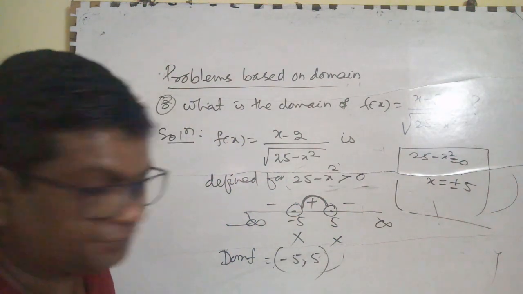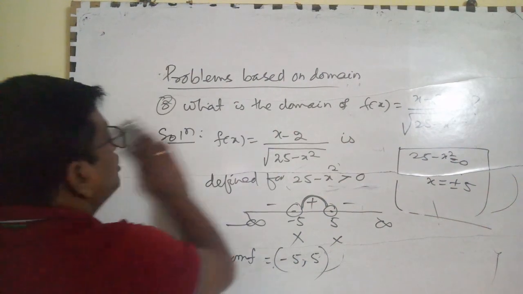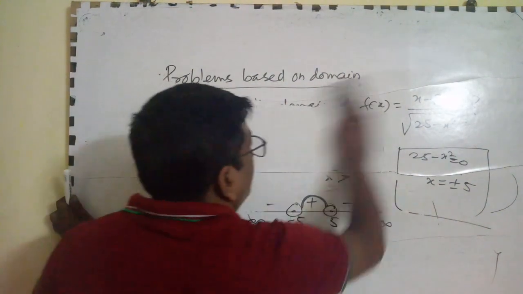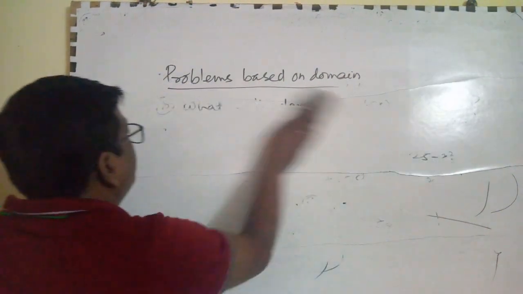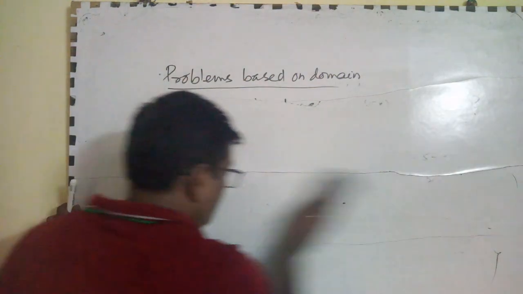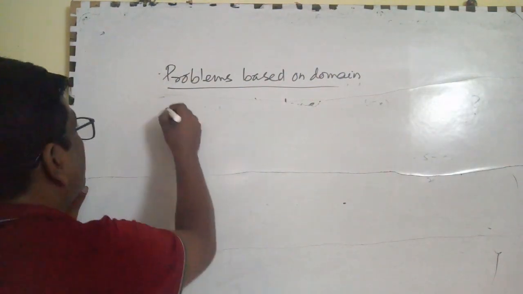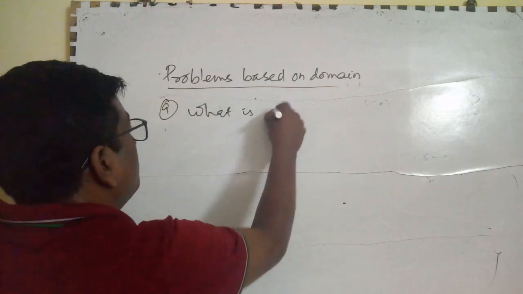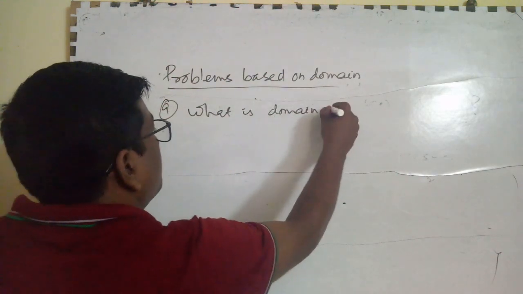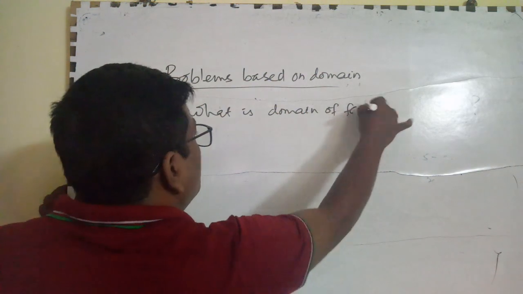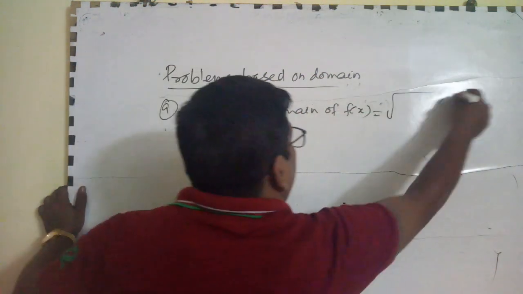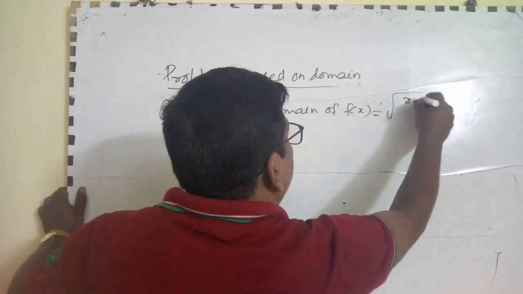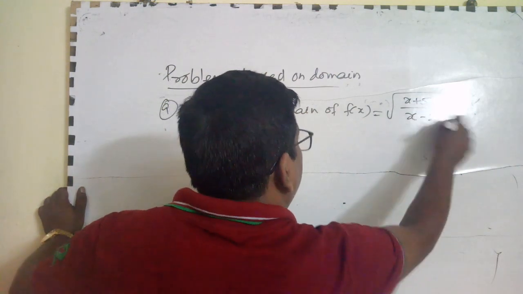Question number 9. What is the domain of f of x is equal to root over x plus 5 by x minus 2?